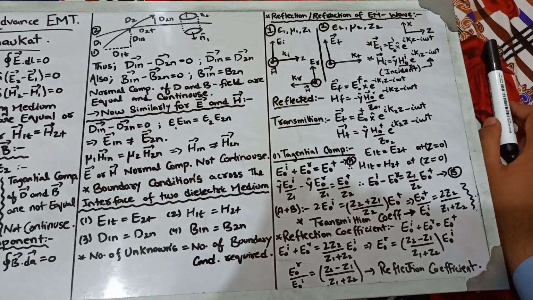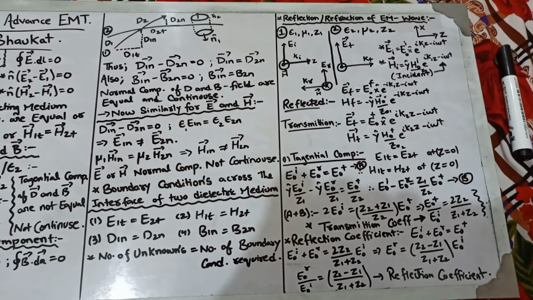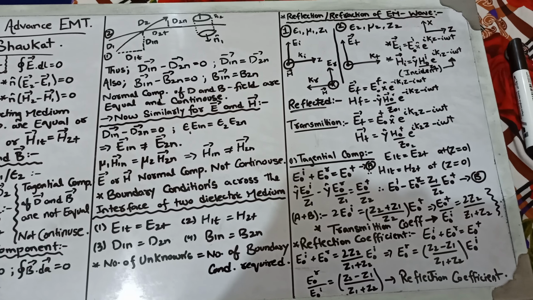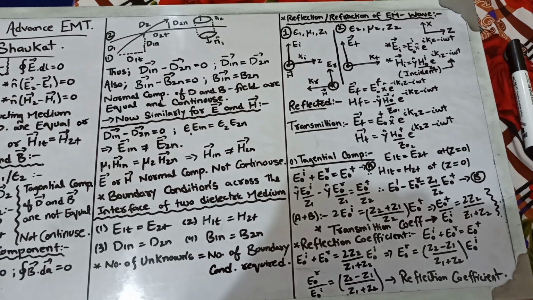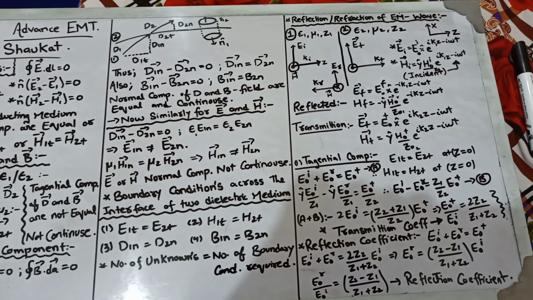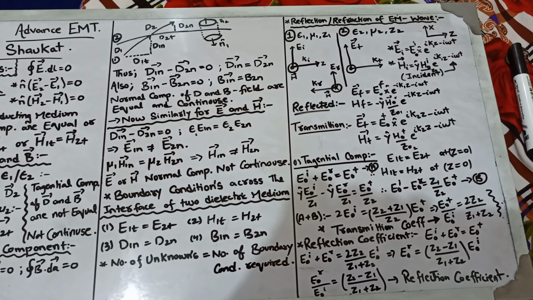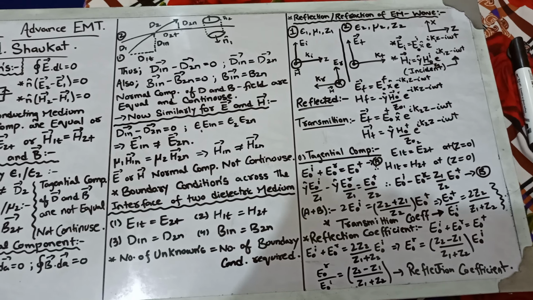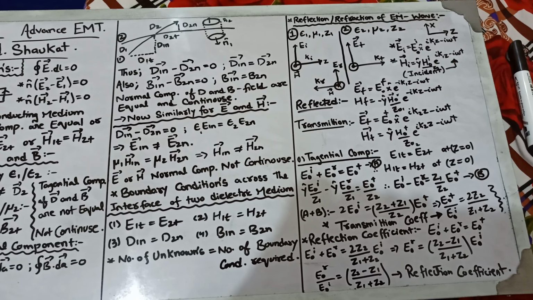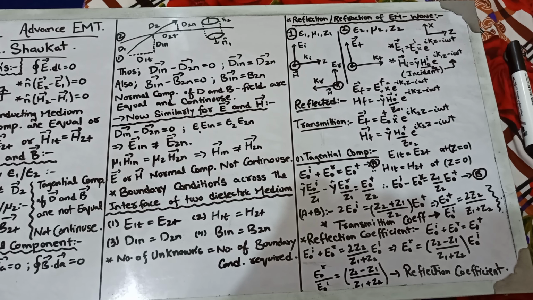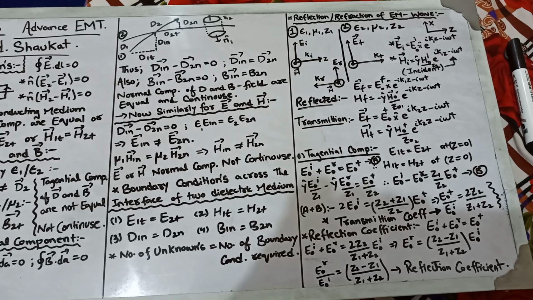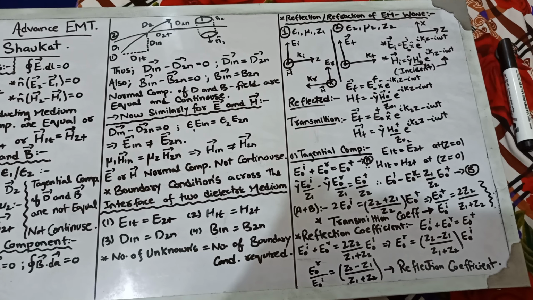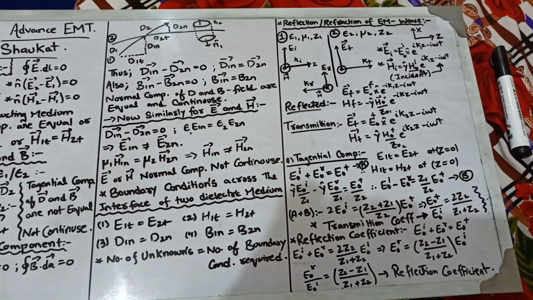As I told you, electric field, magnetic field, and wave propagation are always perpendicular to each other. So if your electric field is in x and your wave propagation in z, your magnetic field is always in the y direction. Yes, you are right, but there is another concept. As it is in the y direction, please tell me whether it is inside or outside.